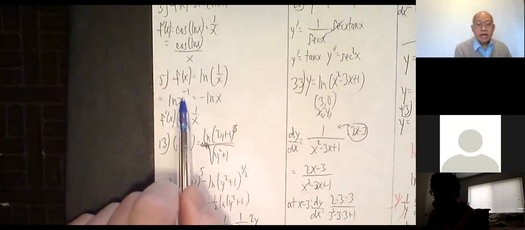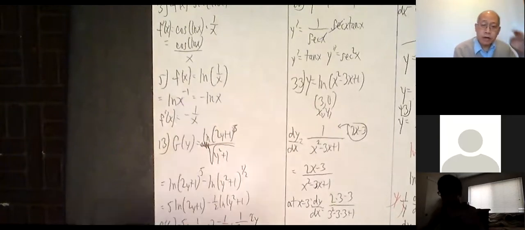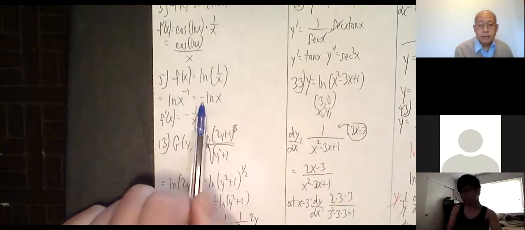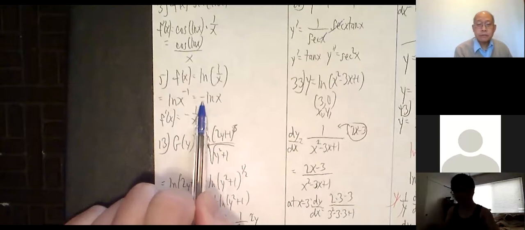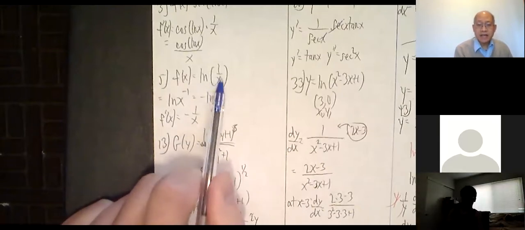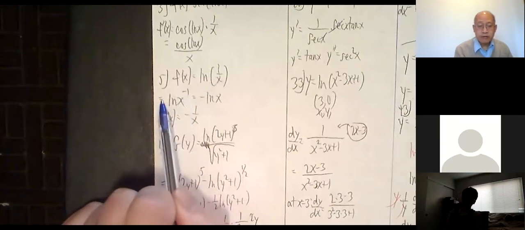Right? And then a property of logs, not taking a derivative, this is even from pre-calc, okay, you can bring that negative 1 out in front and make it look like negative ln x. That makes the problem way easier. Okay, so one more time, write this as ln x to the negative 1, and then the negative 1 gets to come down in front, not because of calculus, that was from algebra.